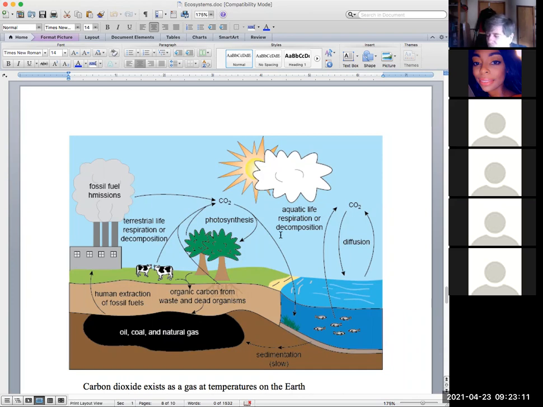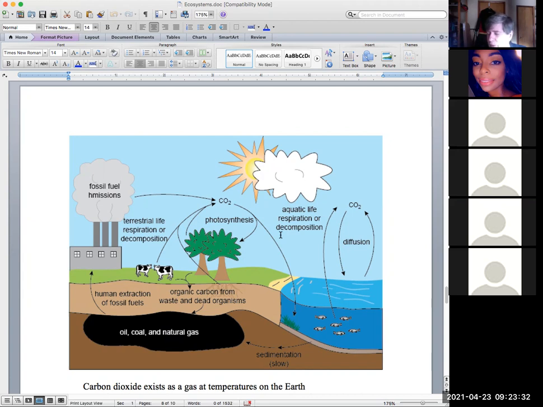But some living organisms die under circumstances where they don't decompose very well. A lot of the bacteria that are decomposers, their cells carry out aerobic cell respiration, just like your cells do. Now, they don't have mitochondria. They do it a little bit differently, but they carry out aerobic cell respiration.